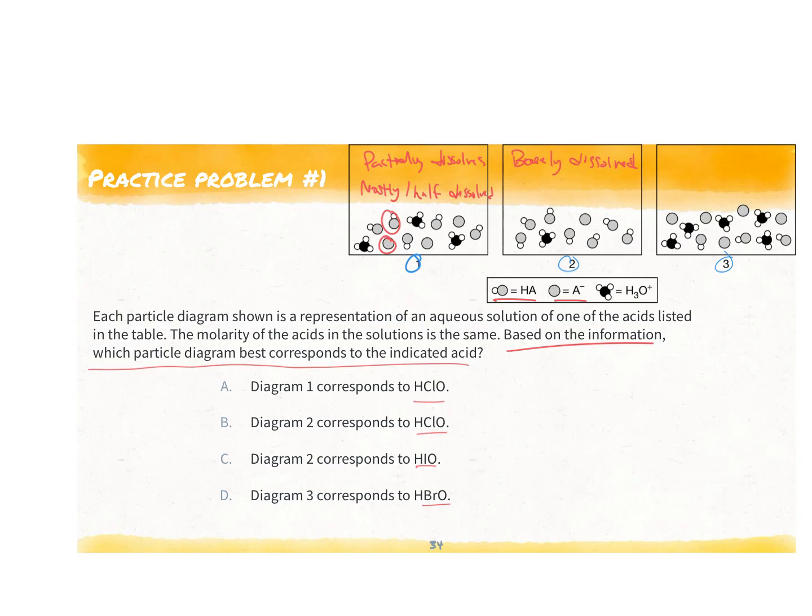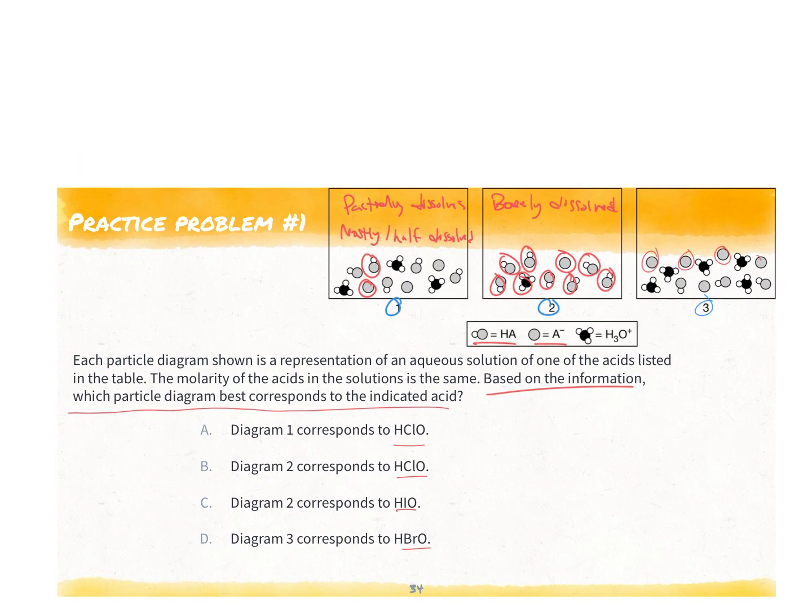Because let's look. I have 1, 2, 3, 4, 5, 6, 7 HAs, and I have 1 A minus and 1 H3O plus. So I'm barely dissolved. In number 3, we can see that I'm mostly dissolved. Because I have a bunch of A minus in solution and barely any HA.